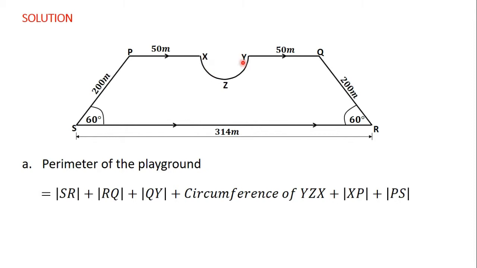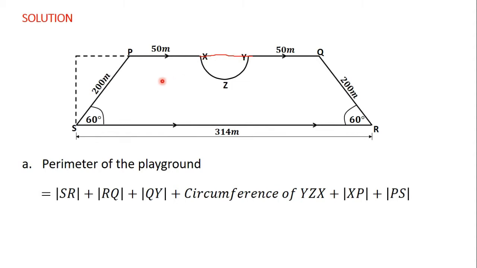The diameter of the semicircle YZX or XZY is XY. So if you join the distance from X to Y like this, that is going to give us the diameter of this semicircle, and we can use that diameter to find the circumference of the semicircle. But we don't know XY.